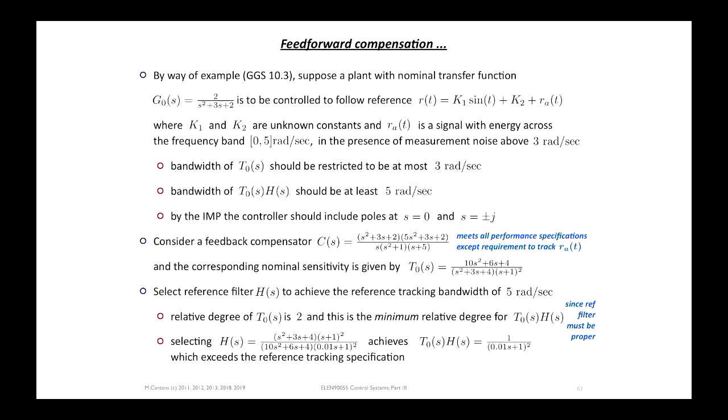All right. If you look at the complementary sensitivity function, it has relative degree 2. Because we're restricting H to be a stable and proper transfer function, the product of these two things will have to be relative degree 2, or relative degree 3 or more. If this is proper but not strictly proper, then the product of these two things will still be relative degree 2.